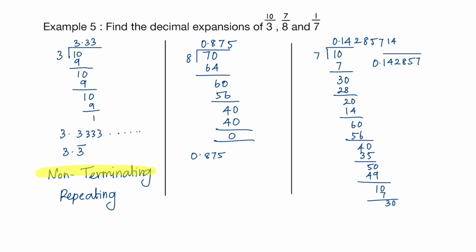Now the second case that we have here is, let me just highlight this, this is important. The second thing that we have is terminating. It has a definite ending. It only has 3 decimal places and it has a definite ending. It is not repeating and also it has an end.